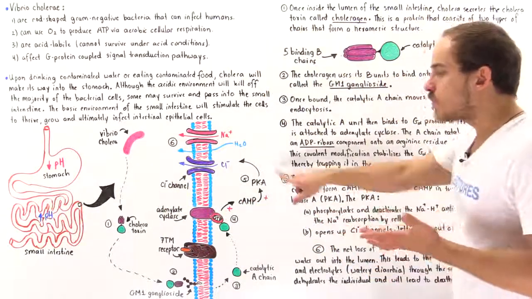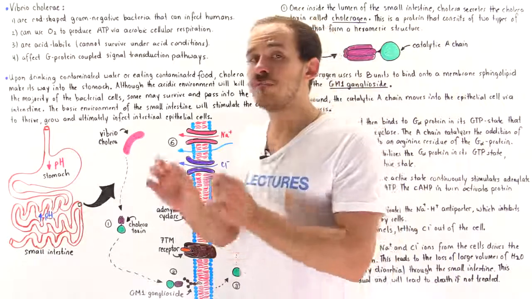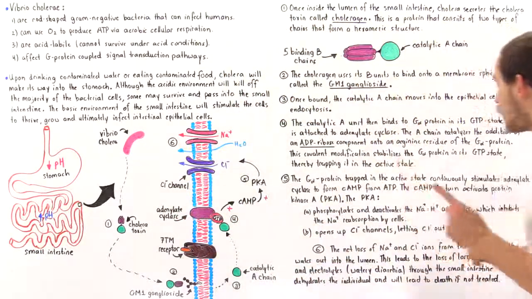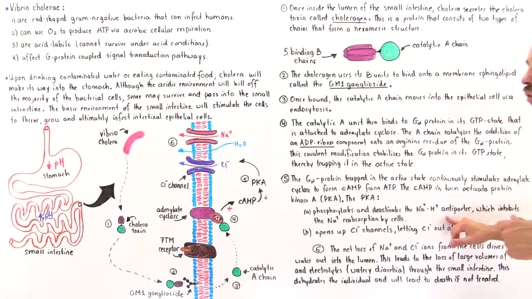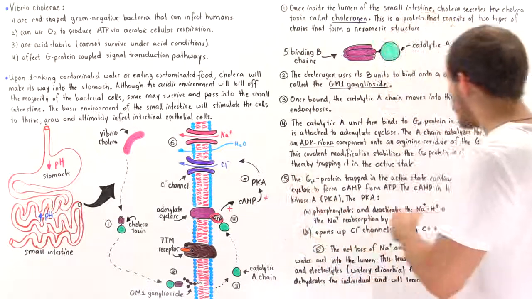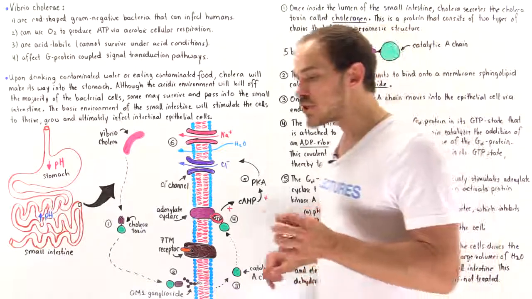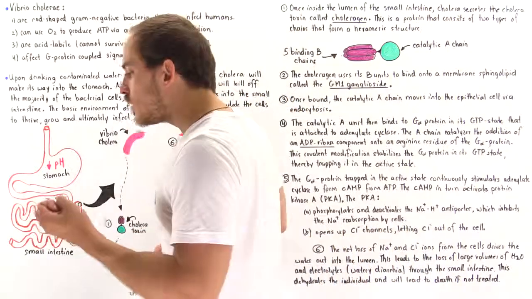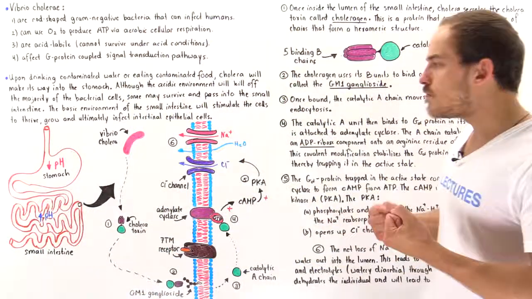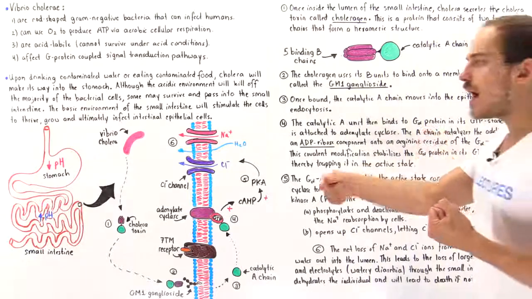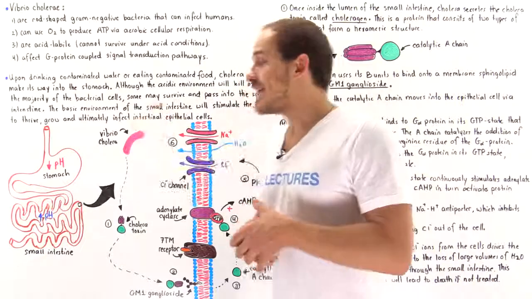Number one, protein kinase A phosphorylates the sodium-hydrogen antiporters, so exchangers. And remember, antiporters are membrane pumps that essentially utilize the gradient of one molecule to move another molecule against its gradient.